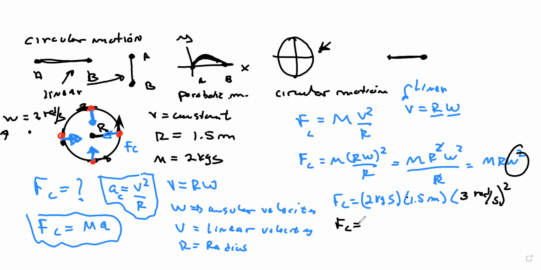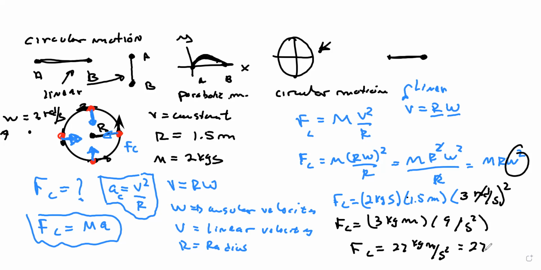So the centripetal force is going to be 2 times 1.5, which gives you 3 kilograms meters, and you still have to multiply by 9. Radians have no dimensions, so you can get rid of the radians. This is going to be 9 over second squared. So your centripetal force is going to be 27 kilograms meters over second squared. But kilogram meter over second squared is a newton. So this is going to be 27 newtons. And there you go. You have calculated your centripetal force.